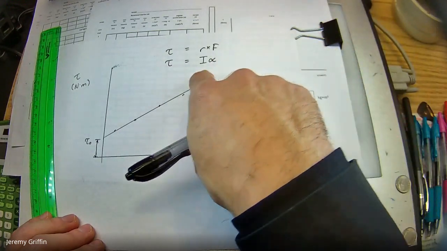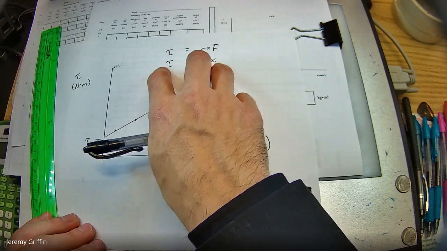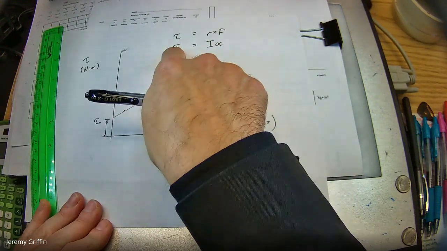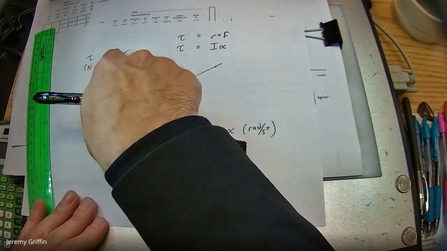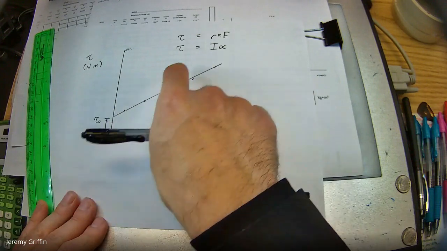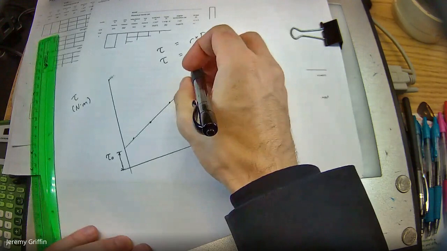Now, does this look kind of like y equals mx? Hey, y equals mx. So if that's true, and alpha is your x value, or x-axis, and tau, torque, is your y-axis, this looks like that does. And what property of this graph would represent I? The slope. Exactly, the slope.